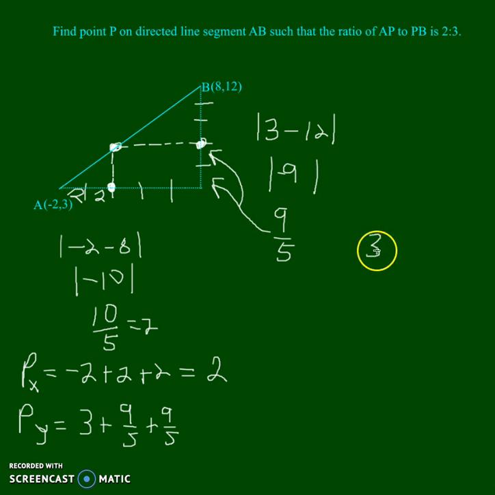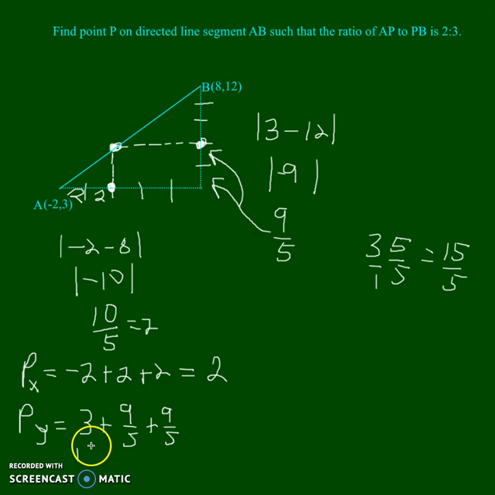So we're going to take 3 and multiply it by 5 over 5. Since 3 is 3 over 1, 3 times 5 is 15, and 5 times 1 is 5. So 3 is the equivalent of 15/5.